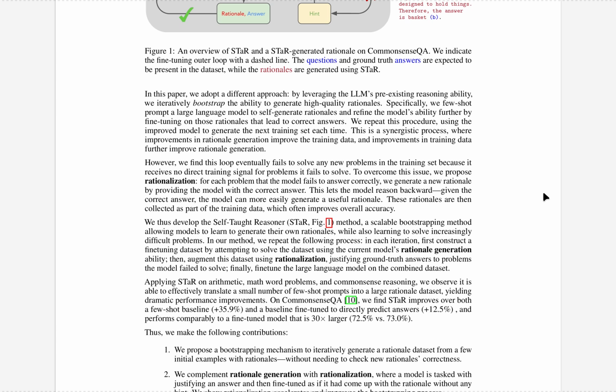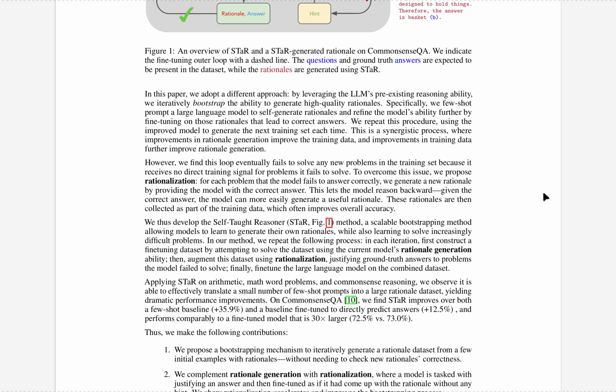However, we find this loop eventually fails to solve any new problems in the training set because it receives no direct training signal for problems it fails to solve. To overcome this issue, we propose rationalization. For each problem that the model fails to answer correctly, we generate a new rationale by providing the model with the correct answer. This lets the model reason backward given the correct answer.